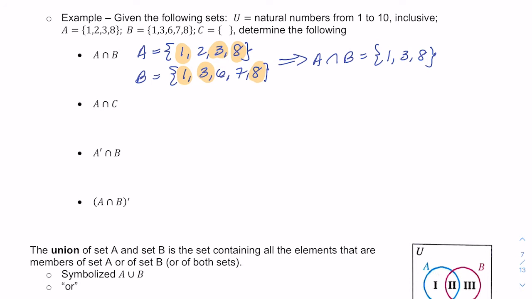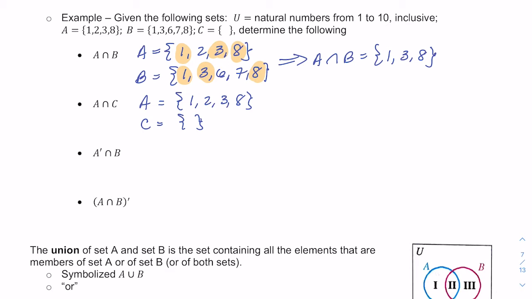In the next example, it says A intersects C. So in set A, we've got 1, 2, 3, and 8. And set C is my empty or null set. So if you'll recall, the null set is a subset of every set.